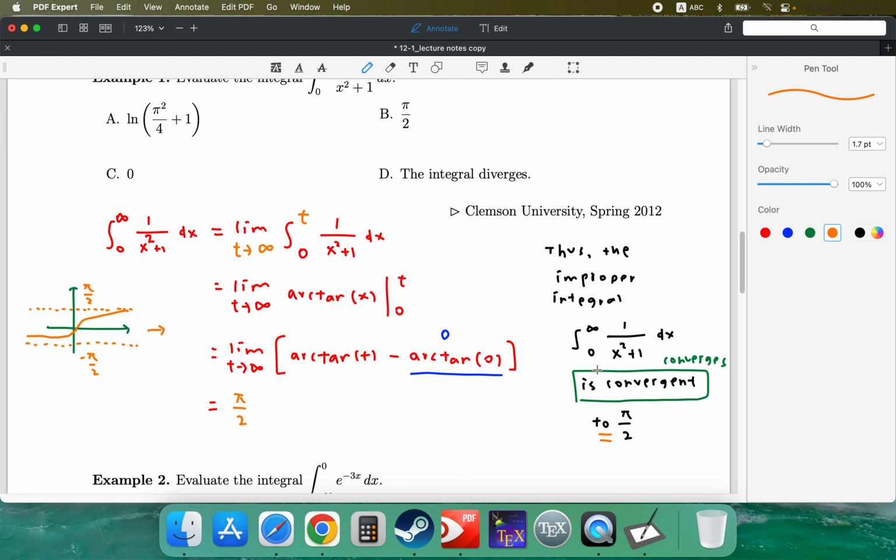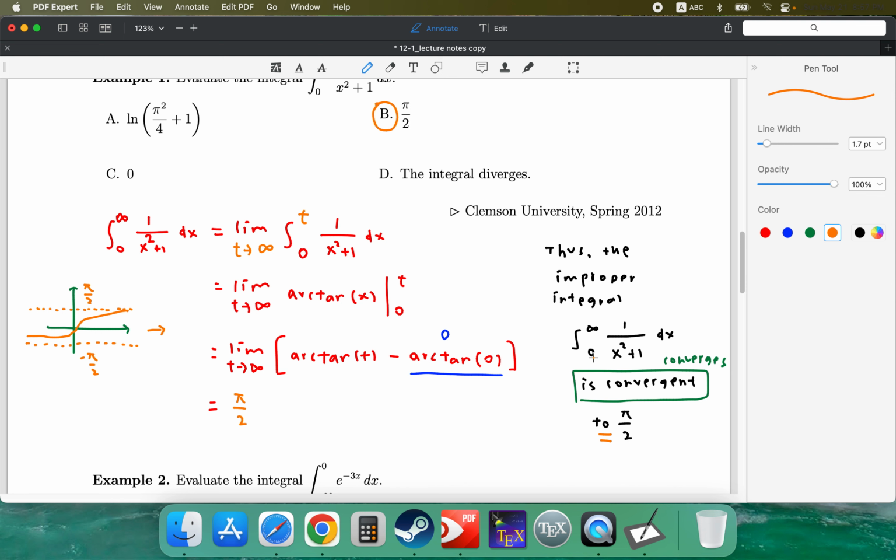I don't know why, but this is really not something you evaluate at some x value. No, it's not "at." It's convergent to that number. Converges to pi over 2, so you will need to choose B, I believe. Notice that pi over 2 is a specific number, so that's why we say it converges or it is convergent, because pi over 2 is a number right there.